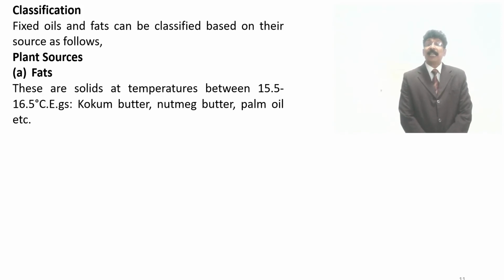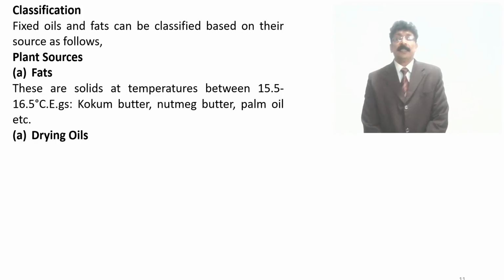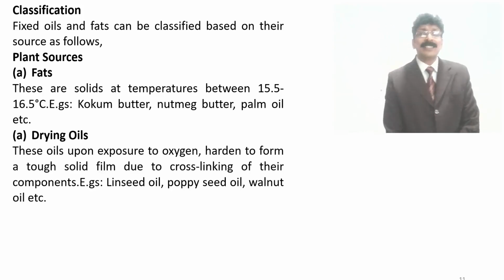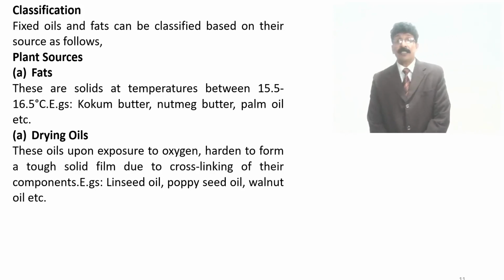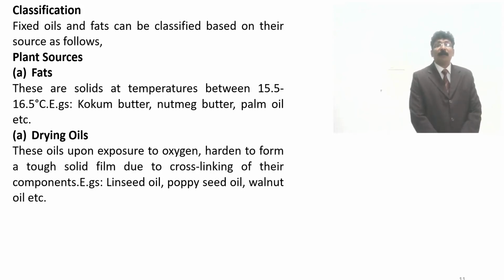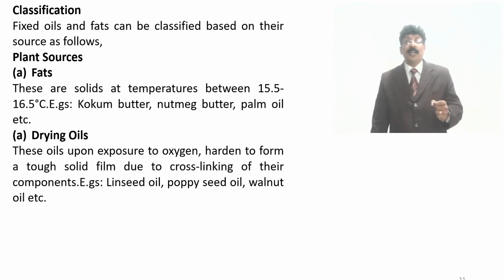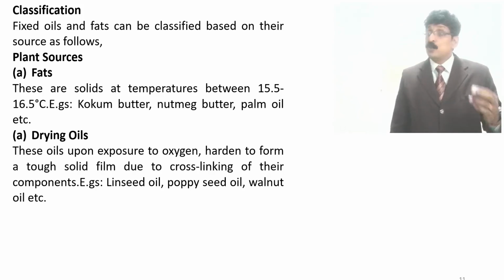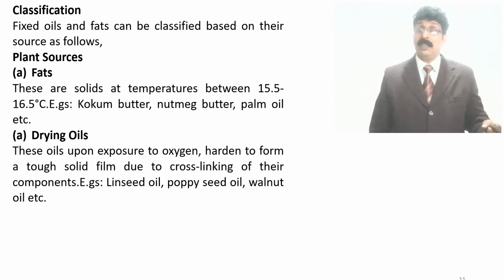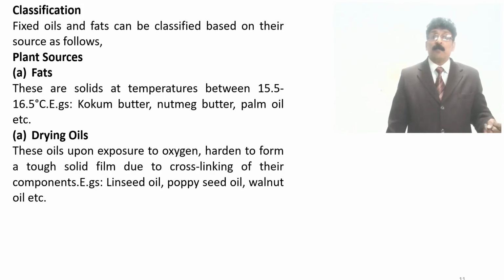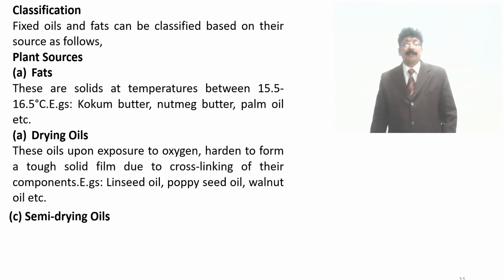Examples are cocoa butter, nutmeg butter, palm oil, etc. Drying oils, upon exposure to oxygen, harden to form a tough solid film due to cross-linking of their components. Examples are linseed oil, poppy seed oil, walnut oil, etc.